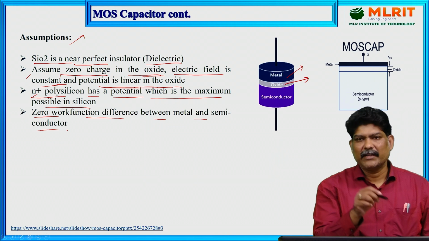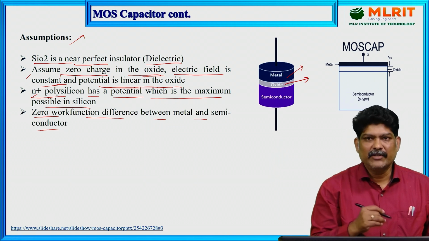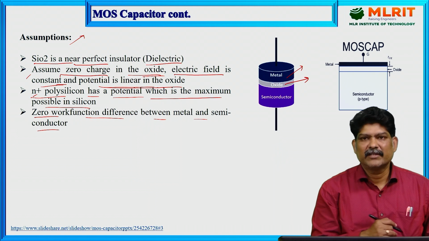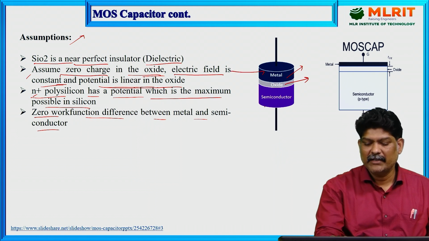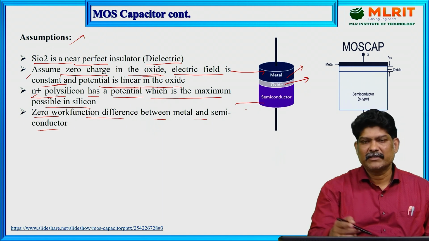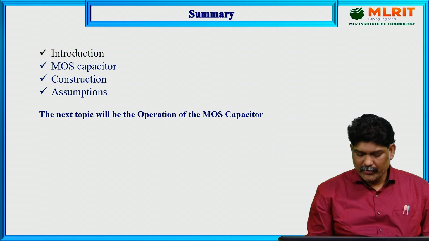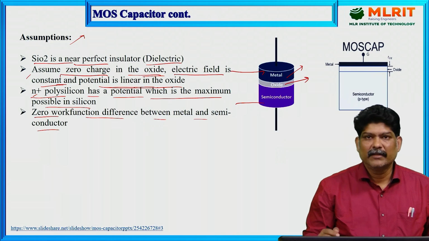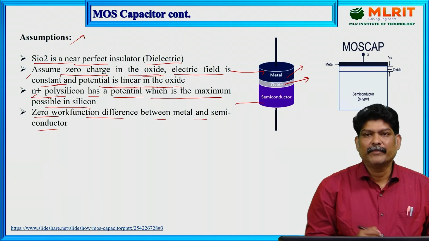This is another important assumption: we assume there is zero work function difference between the metal and the semiconductor material, even though they are different materials.